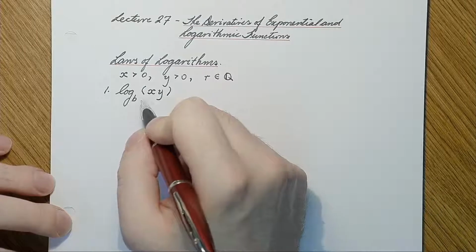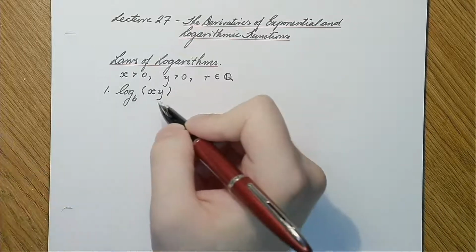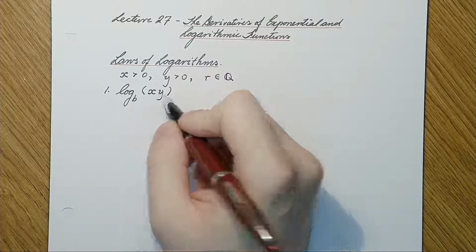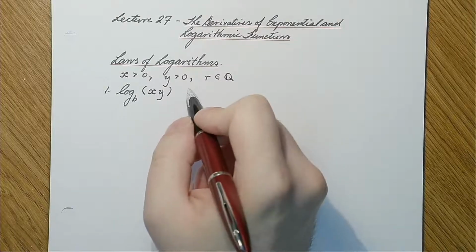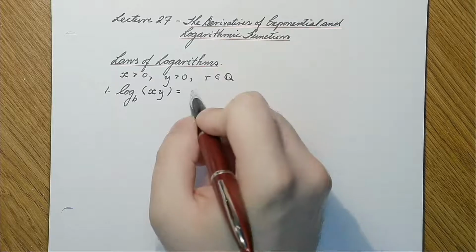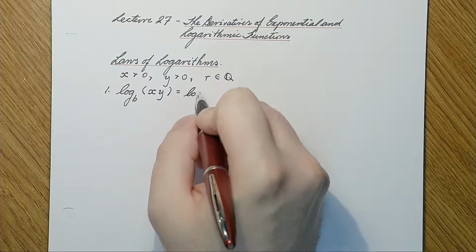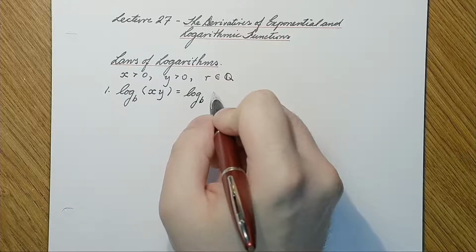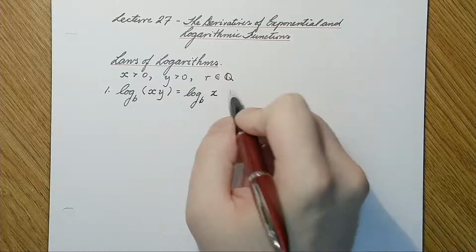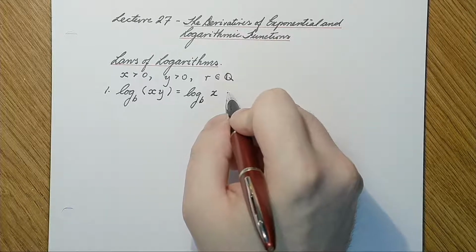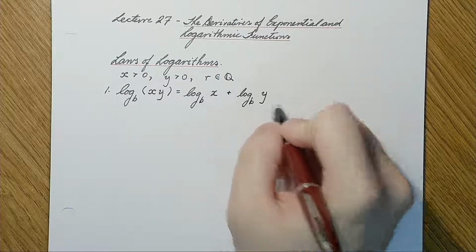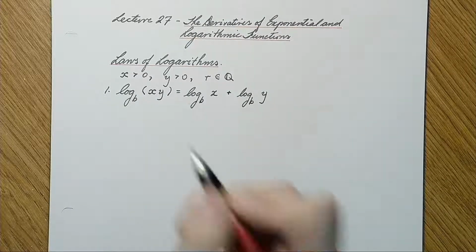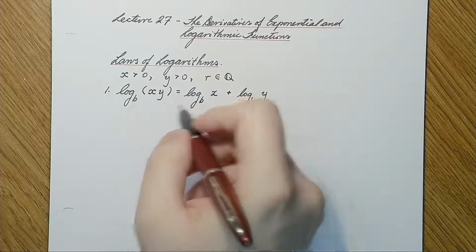So we have, if I have a logarithm to the base b, and it's multiplying x and y, then if I want to split them up, it's just adding them together. So log b of x plus log b of y, that's it. If they're multiplying, I'm just adding.